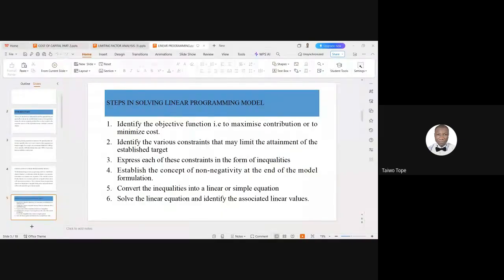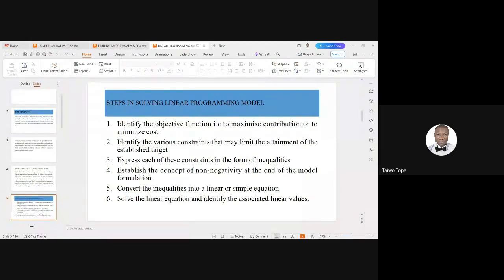When you are expressing this in the form of inequality, it will be 2A plus 2B less than or equal to 20,000, because you cannot have labor hours above what is available. So it will always be less than or equal to the maximum given to you in the question.